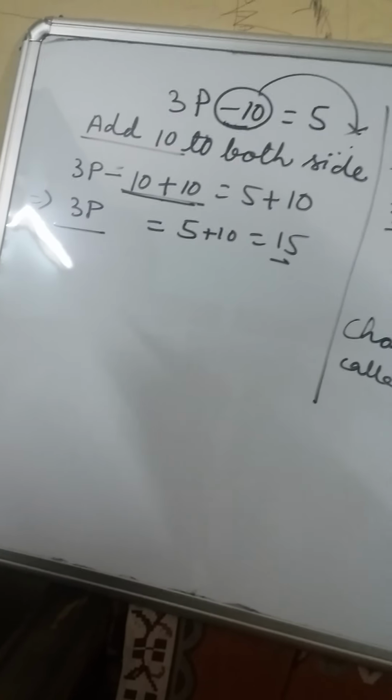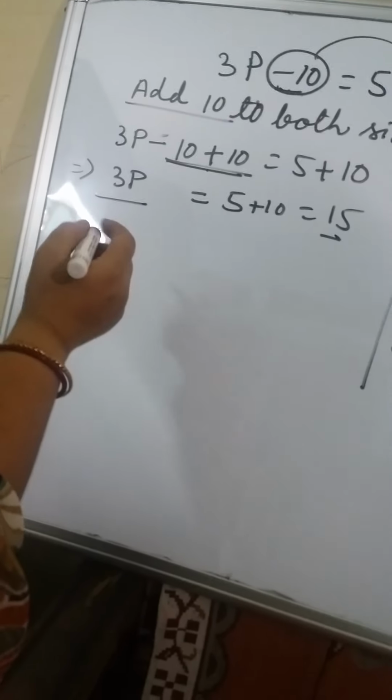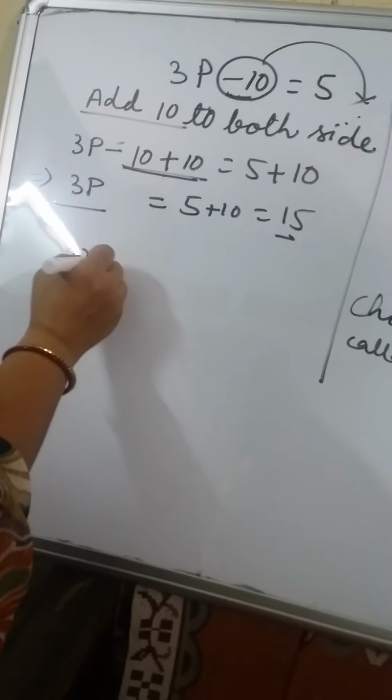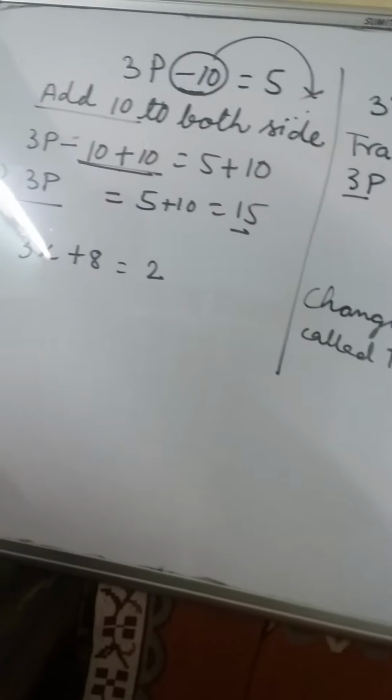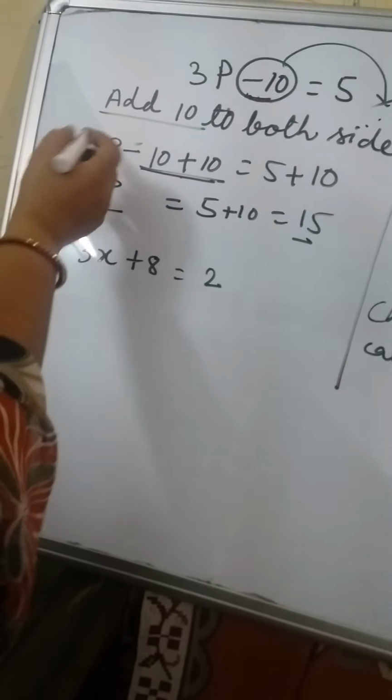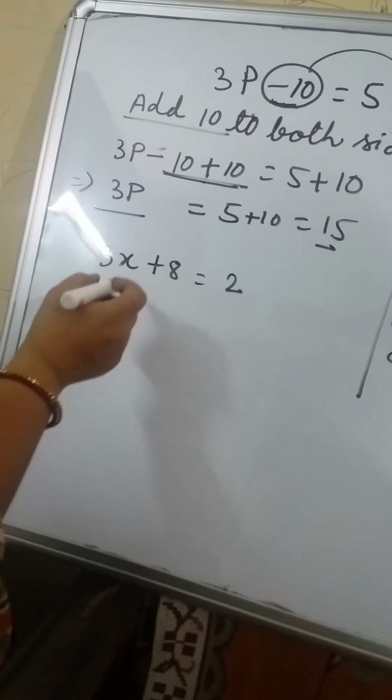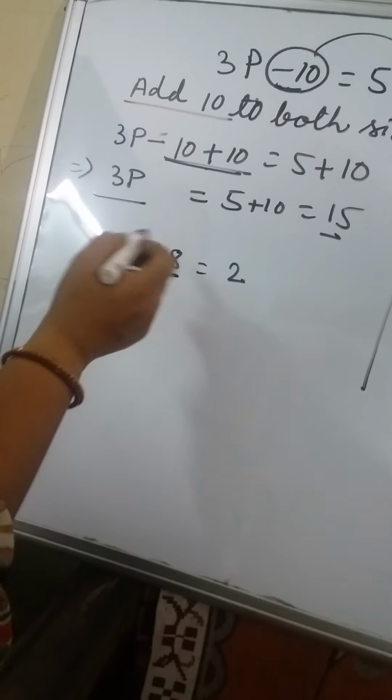Take another example. If it is 3x plus 8 equals 2. In this method, what I have to do, if here is addition, we have to subtract.